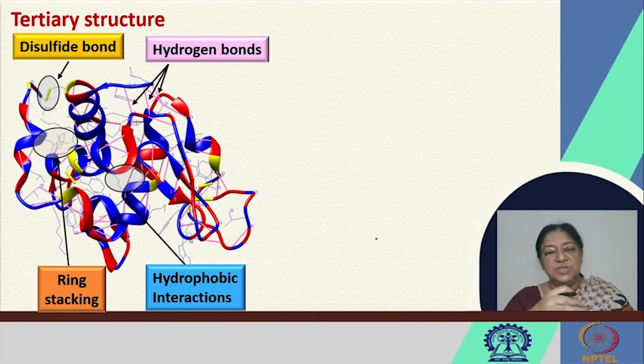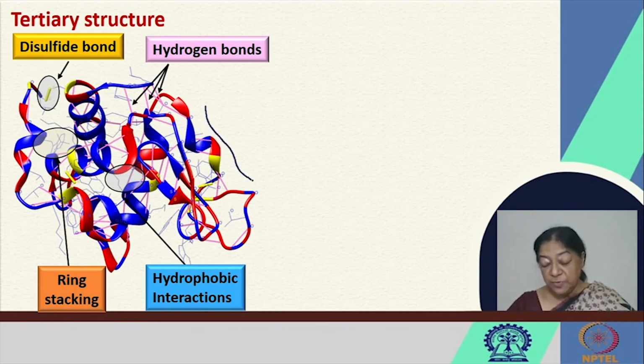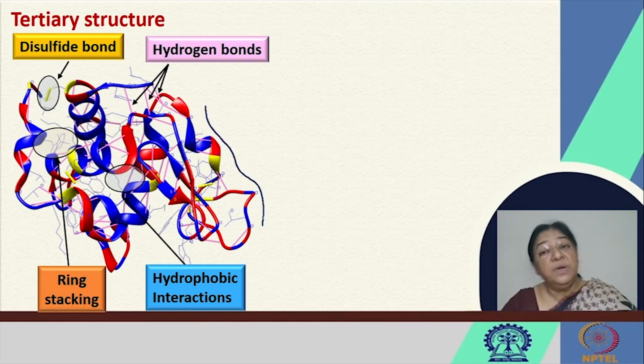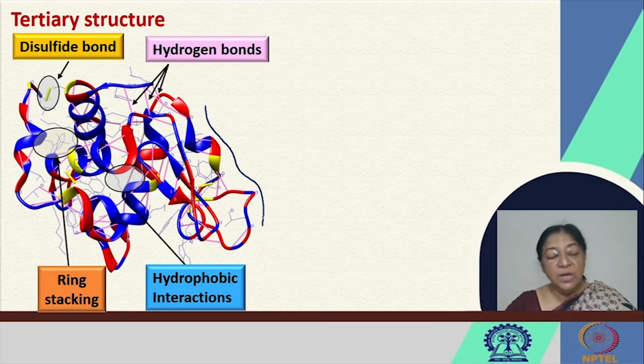So these types of interactions, as we saw, could be an electrostatic type of interaction, which we usually see on the surface of a protein, and they could be of a hydrogen bonding type, disulfide bonds that would connect two parts of a protein together, could be of an intermolecular type, and we have ring stacking that we would see for the aromatic interface.